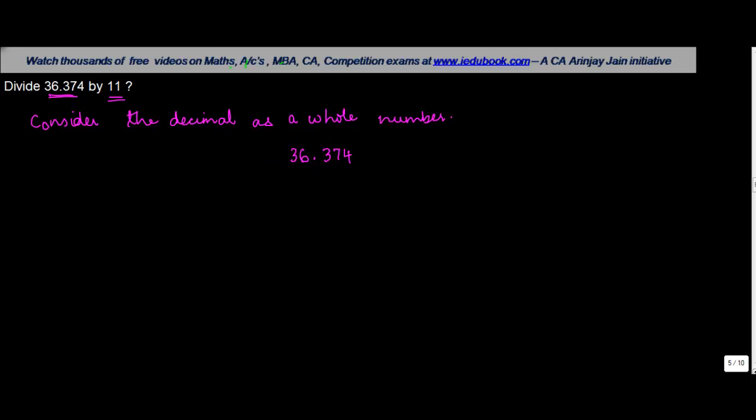We will remove this decimal point from here and consider this as a whole number and do the division by another whole number, 11, right? But always keep in mind the place up till where the decimal remains.